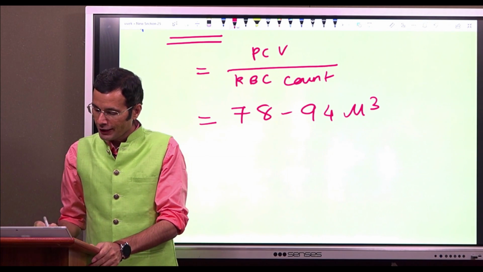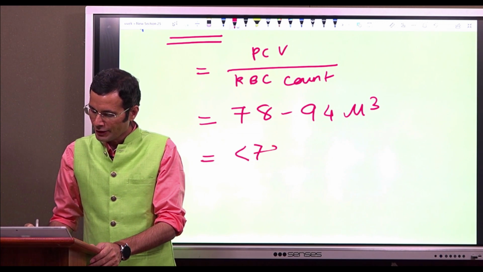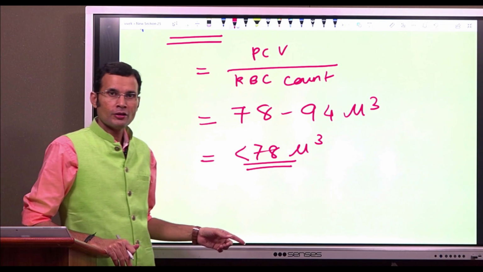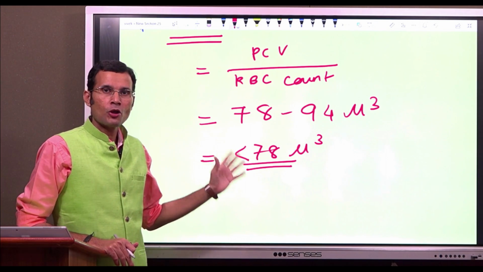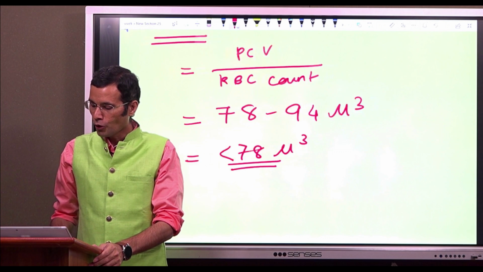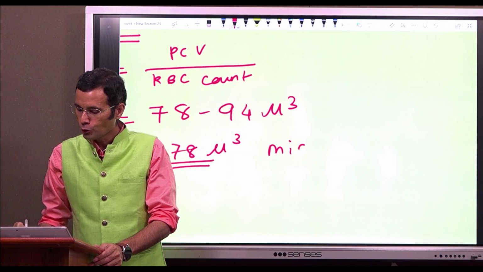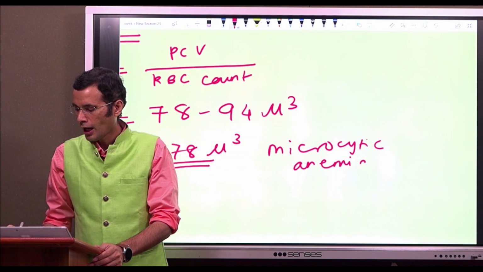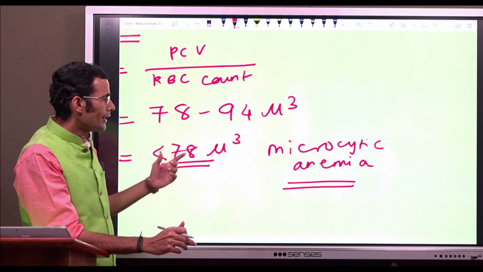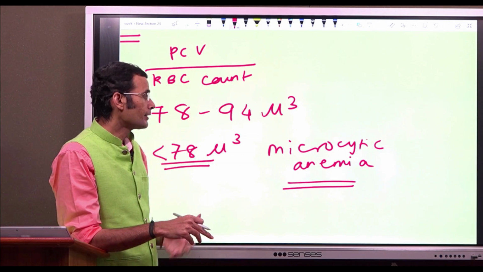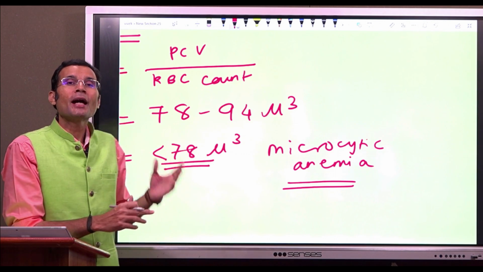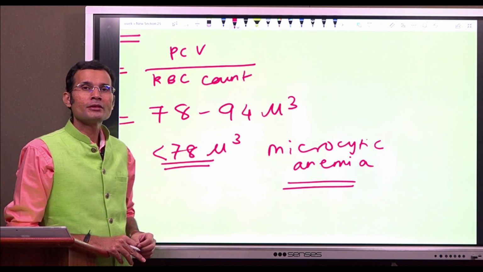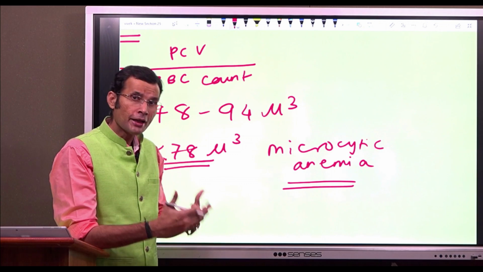Now, if it is less than 78 cubic microns, it means the RBC size is smaller than the normal size, and we will call it microcytic anemia. RBC volume is less than normal. It would be a microcyte, a small sized RBC. This generally happens from iron deficiency.